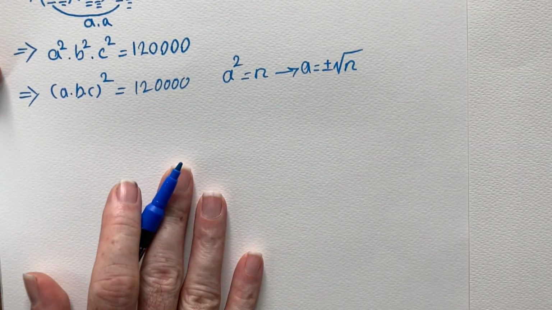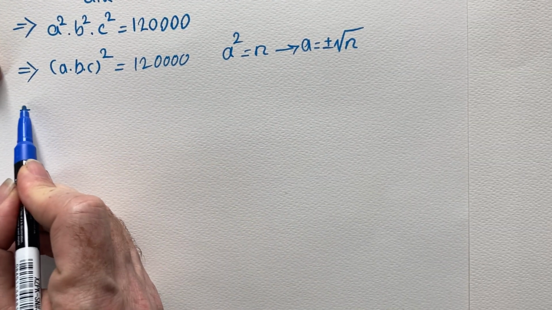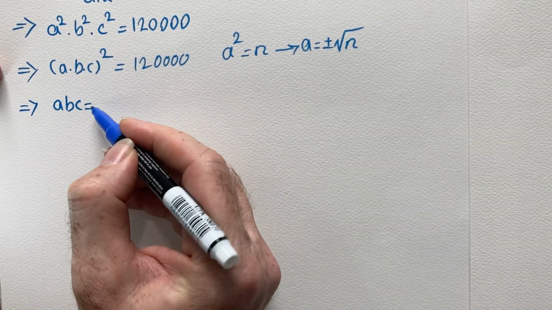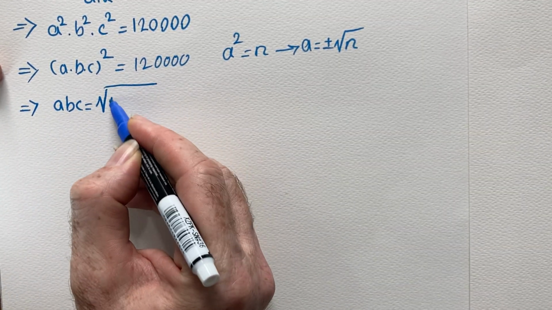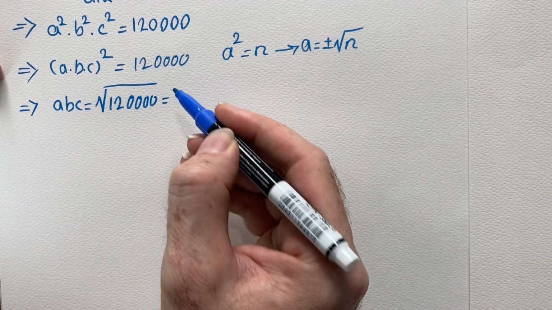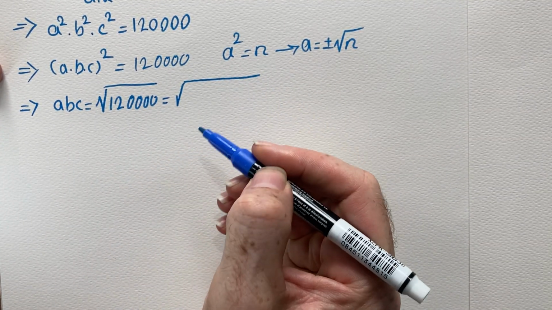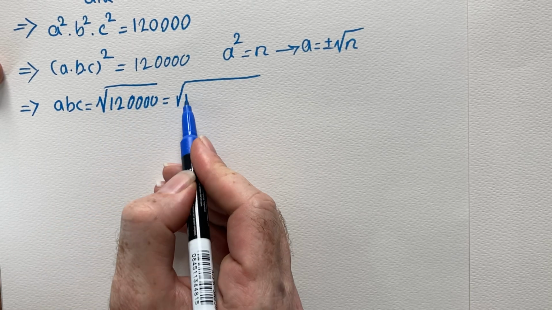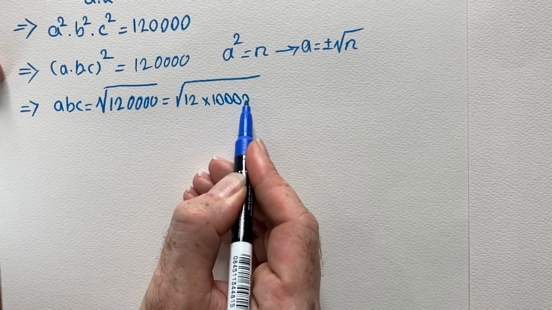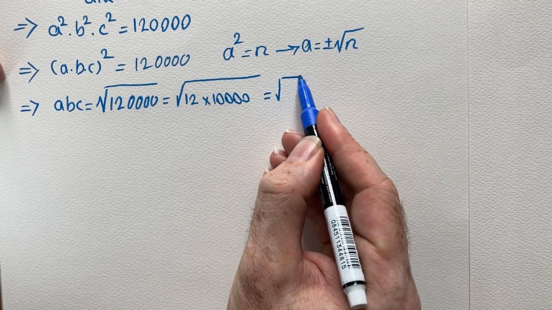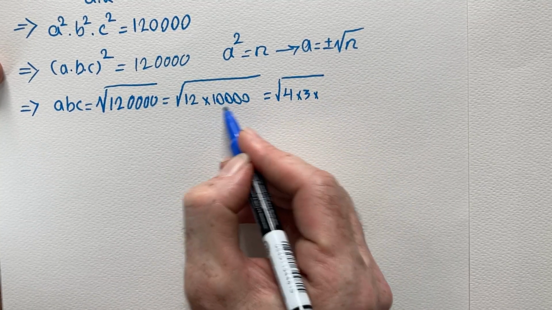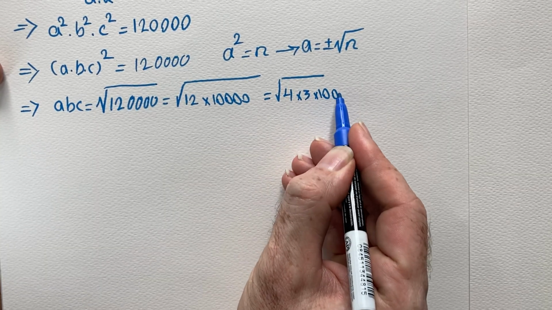So it is going to be, let me write it here, the value of a, b, c is second root of 120,000. What is this? This can be written as the product of 12 and 10,000. 12 can be written as a product of 4 and 3, and then this 10,000.